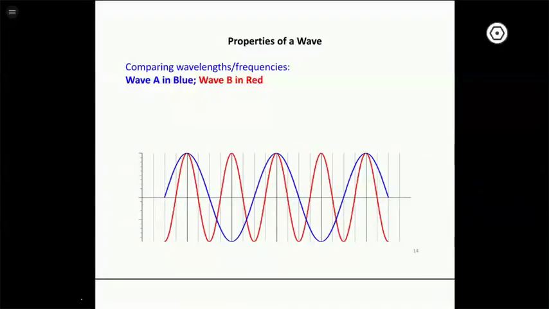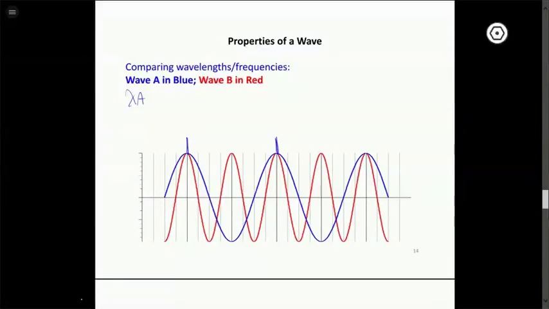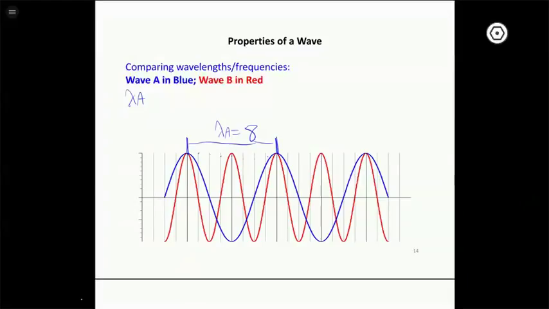If we count the number of units for the wavelength of A, we go from this point here to another equivalent point there. If we count how many divisions there are between here, it's probably a little bit faint, but you can see it if you look closely. You have 1, 2, 3, 4, 5, 6, 7, 8. So in whatever unit this is given in, this distance for lambda A is 8 as a unitless quantity.